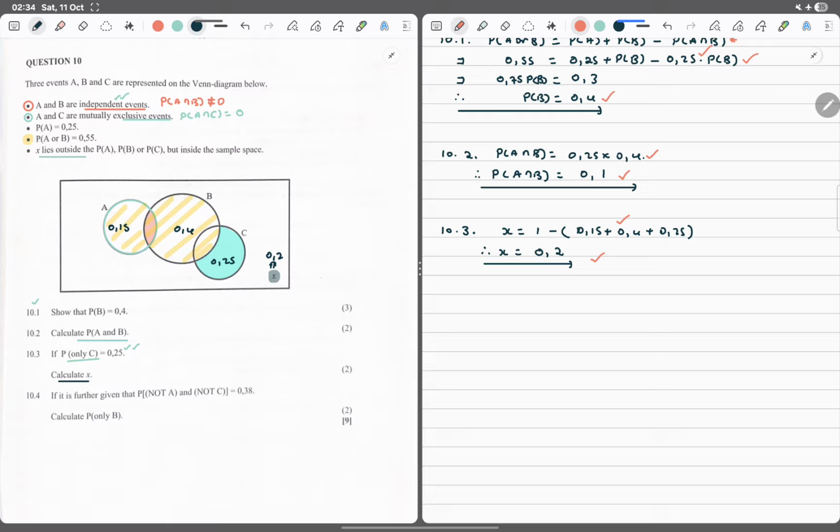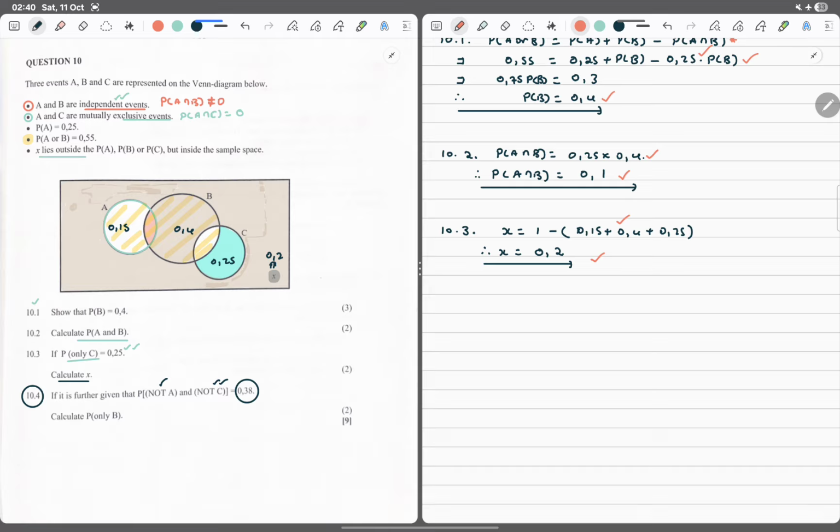Okay, yeah, guys, these things are tiring you. Too many questions, man. If it is further given that P of not A and not C is this one, so what does that mean? Not A and not C basically means this.